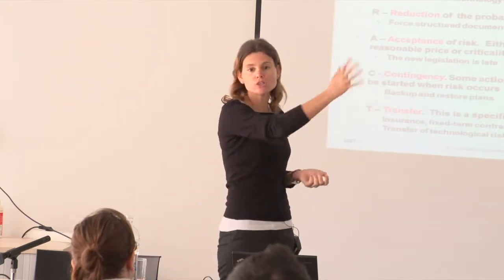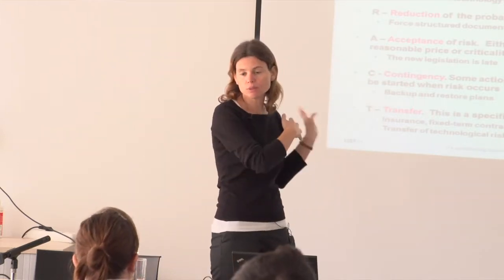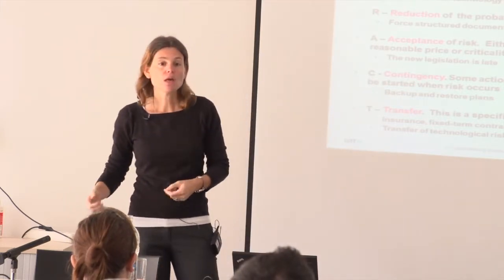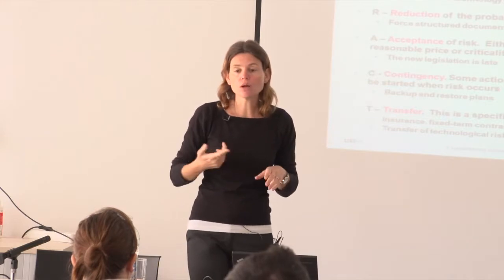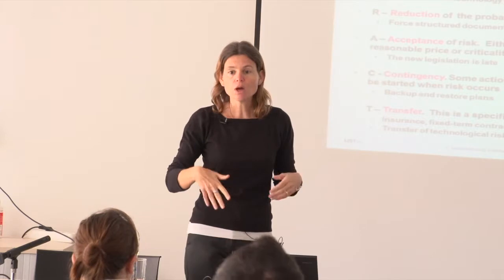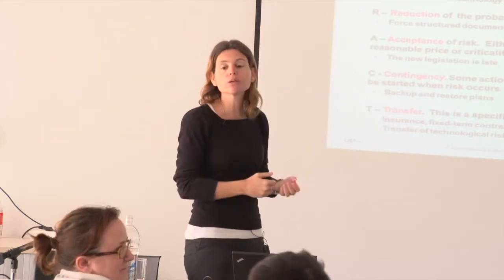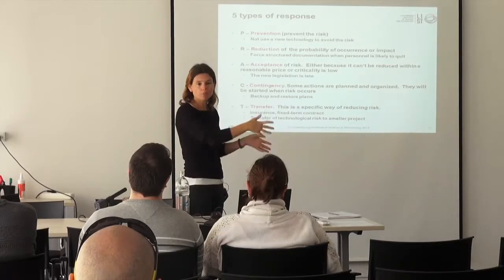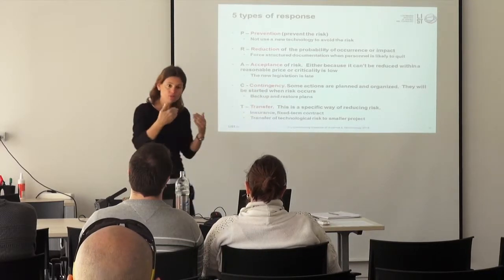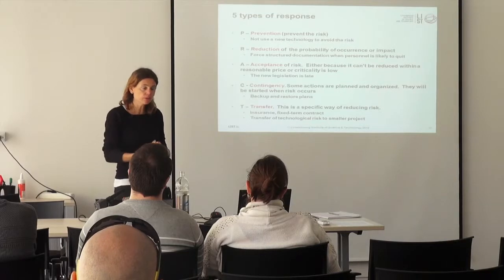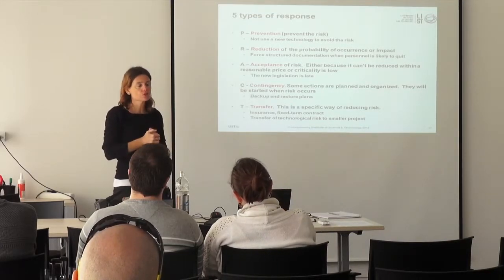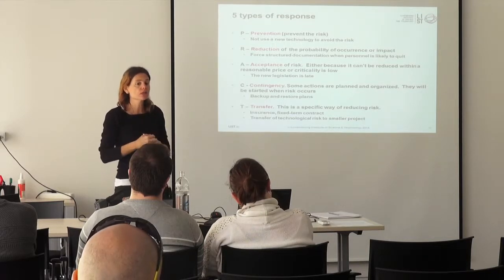If you have emergency plans in a building, it's typical contingency action. If there is a fire, this is what you have to do. If you have some people who are assigned as security people in the building who would guide people in case of fire, who would help them go to the right exit, if you have trained these people, if you have assigned these people, if you have given them some instructions and so on, this is contingency action.